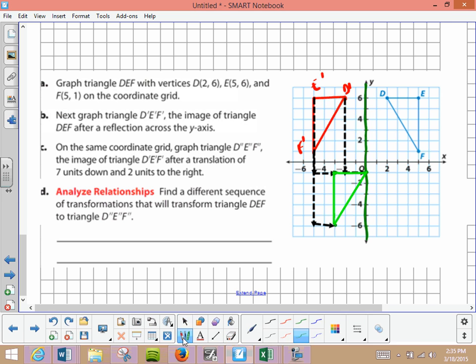That means this will be D double prime, E double prime, and F double prime, right? Because that is the second transformation we did with the pre-image. Is anybody confused? No? Are we good? This is just translation. Yes. Okay, good.